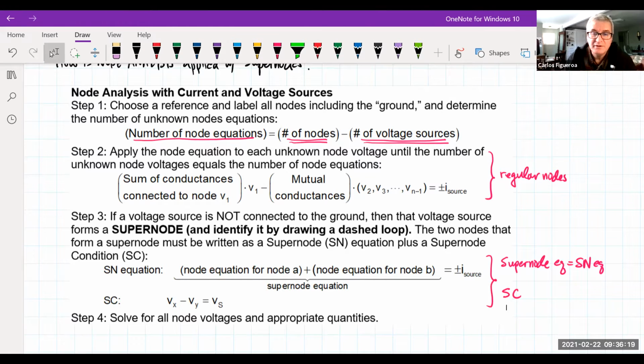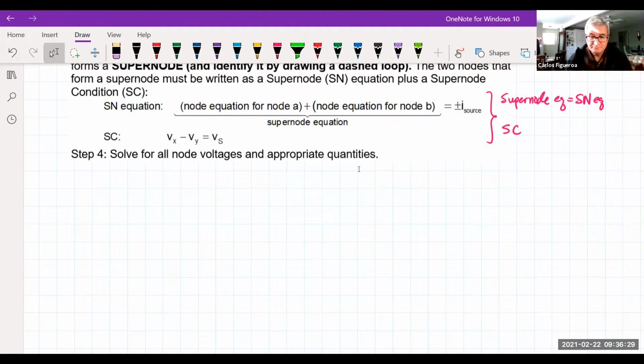So what I want to do here is go back and apply this to the circuit that we were talking about. Okay, so let's go look at the circuit here. So now here was the example that we were looking at, and I want to apply this.